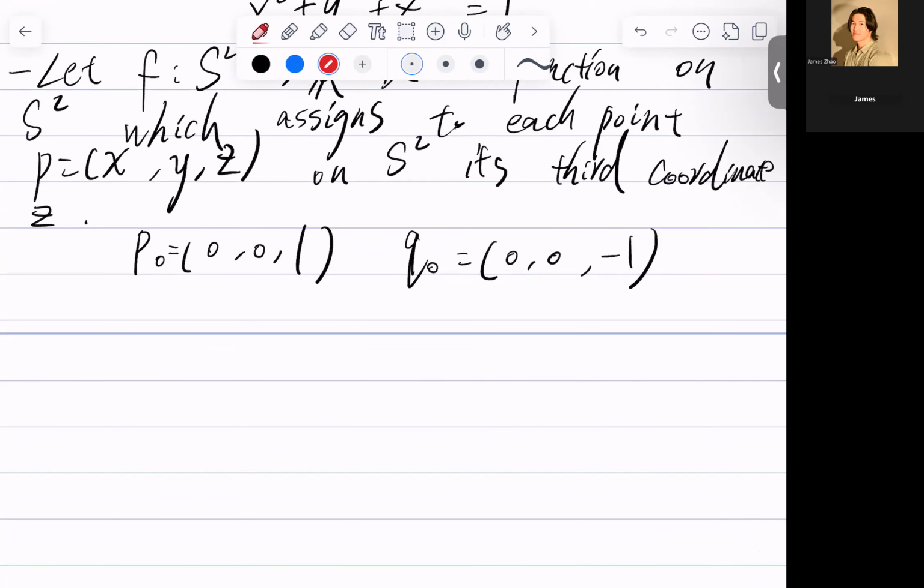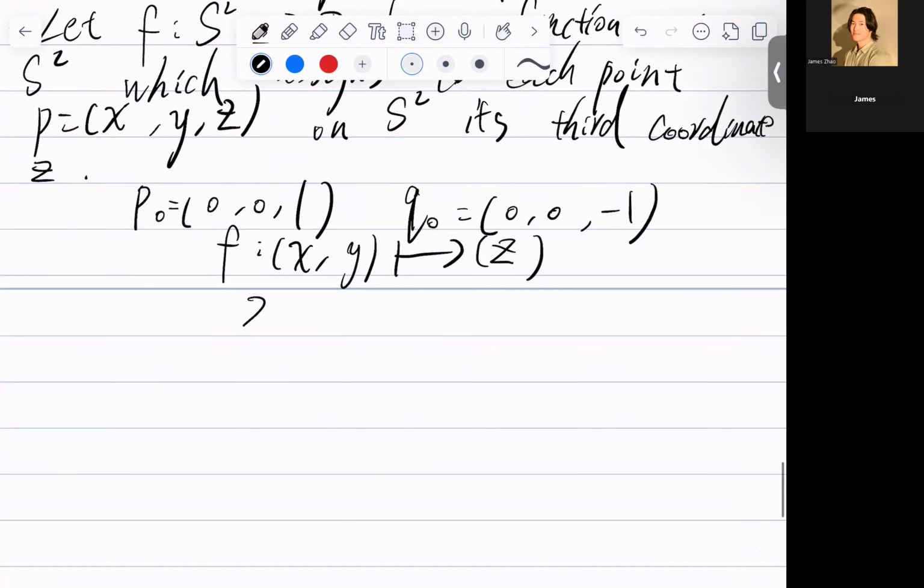Okay, and our function does the following. The function maps from x, y to z, and z equals the square root of 1 minus x squared minus y squared. So that will represent our height, right?